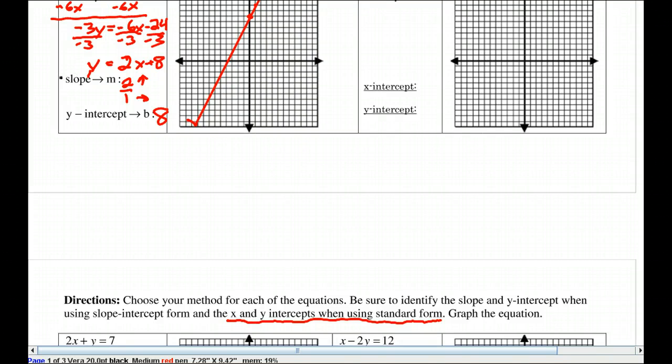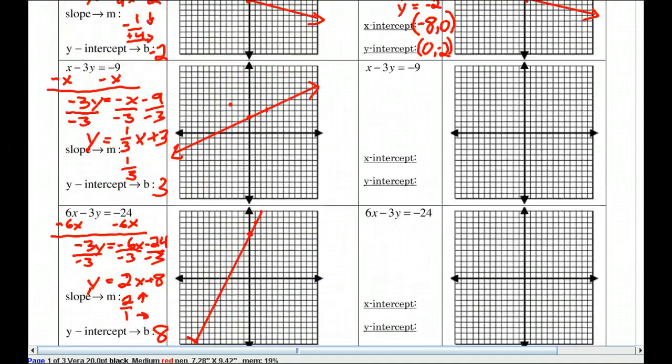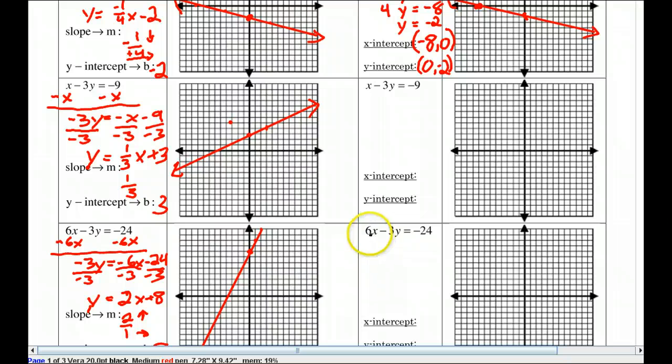Slope intercept form because, well, if we did just both intercepts, we'd have 7 over 2. I mean, it's a fraction. So remember the guideline I gave you is that you want to make sure that both coefficients of x and y divide evenly into c, this value on the right-hand side. So 6 and negative 3 go into 24.